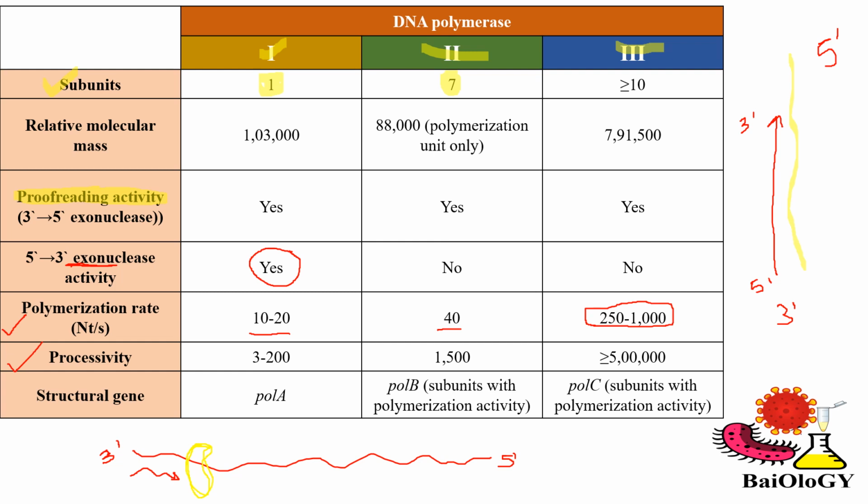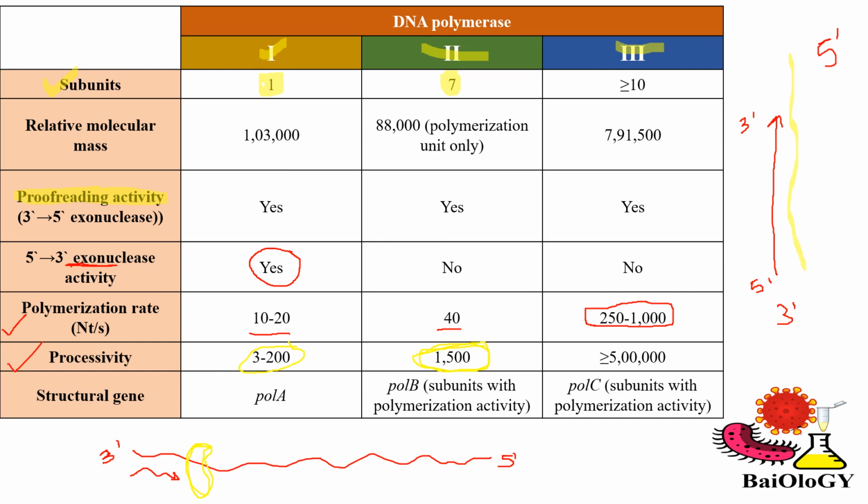Let me explain by the different characteristics of the DNA polymerases. DNA polymerase 1 can add 3 to 200 nucleotides before it detaches itself from the DNA template, whereas DNA polymerase 2 can add approximately 1500 nucleotides before it gets detached.